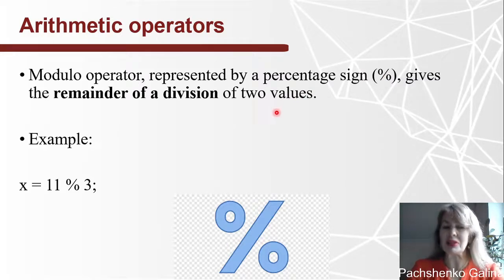Let's consider an example. x is equal to 11 modulo 3. When we divide 11 by 3, the answer will be 3, but the remainder is 2. So our variable x will have value 2.